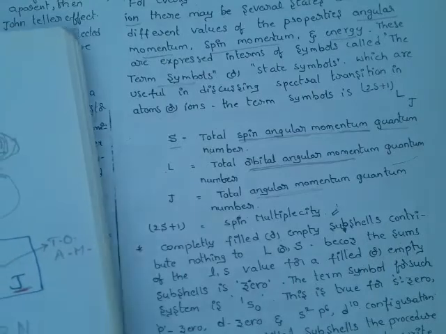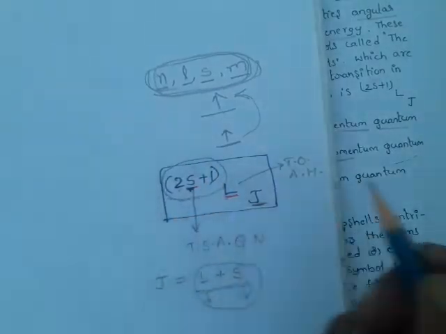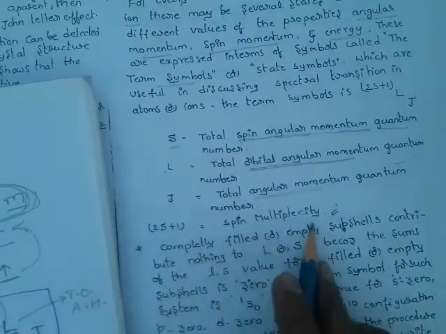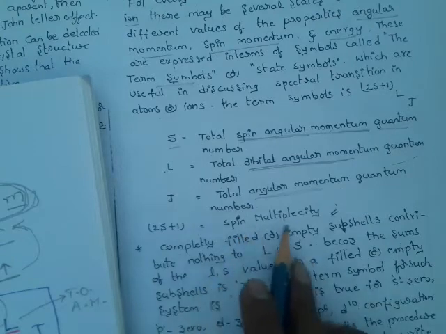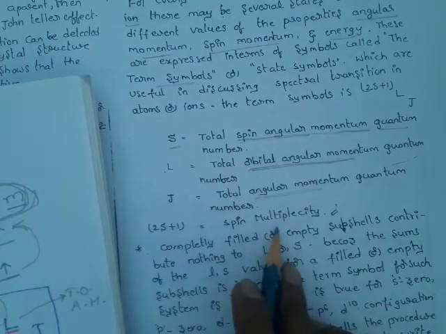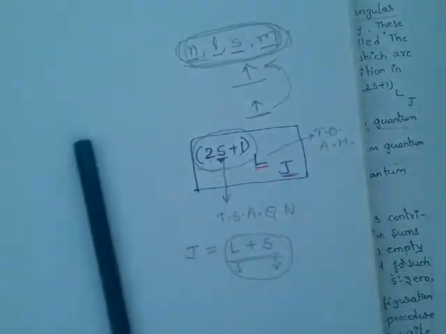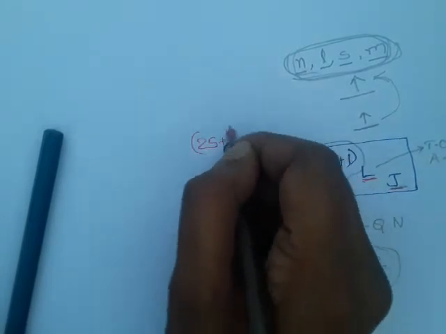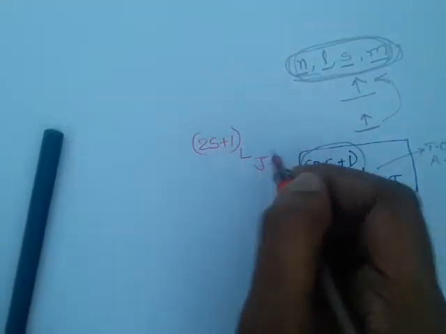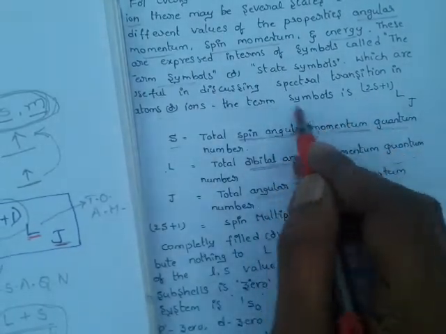So what is 2S plus 1? 2S plus 1 is the spin multiplicity. This structure, 2S plus 1 L J, is called the term symbol.